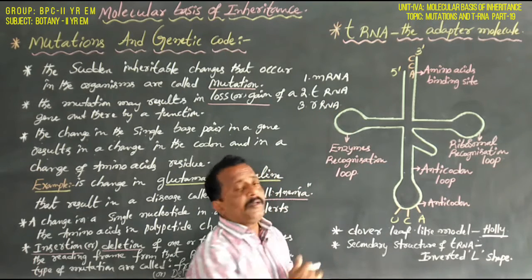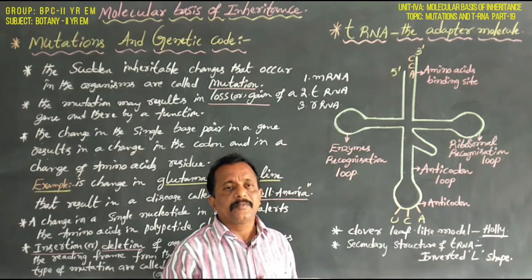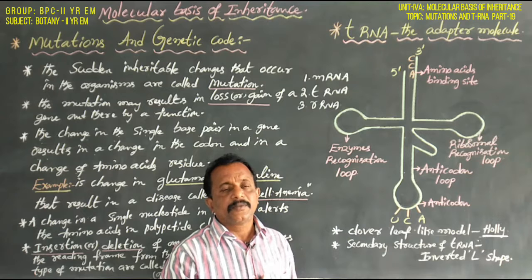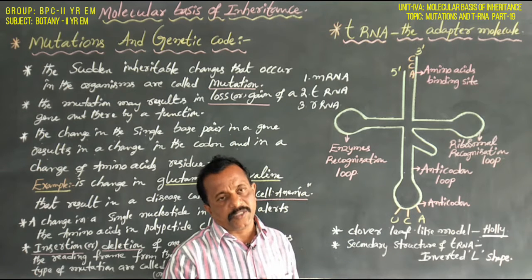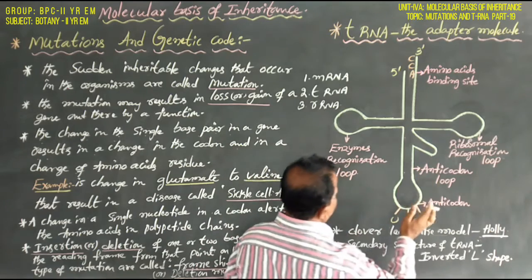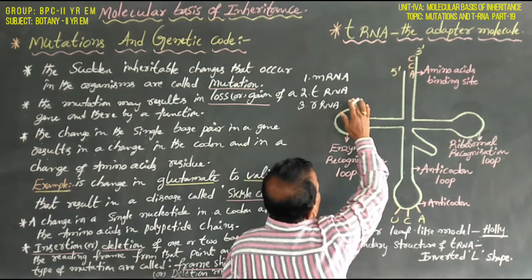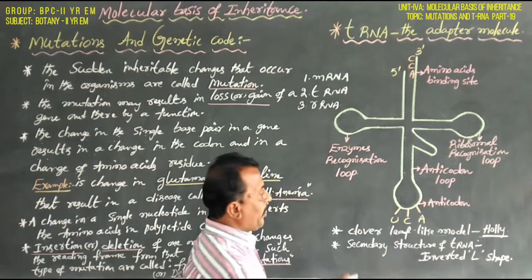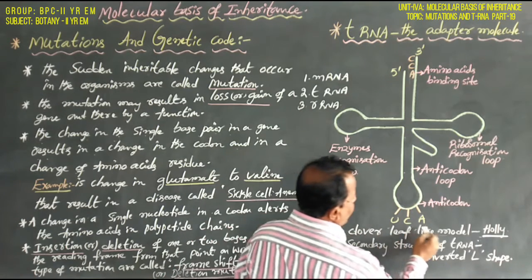And rRNA, ribosomal RNA, is useful in structural, catalytic and translation processes.